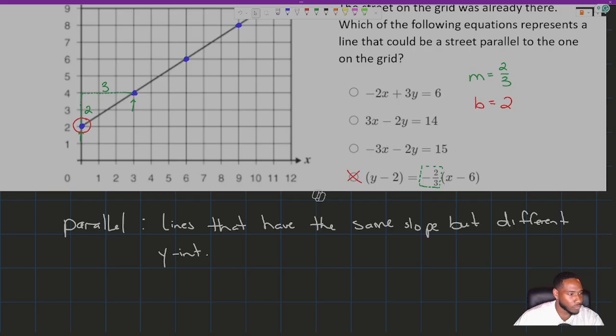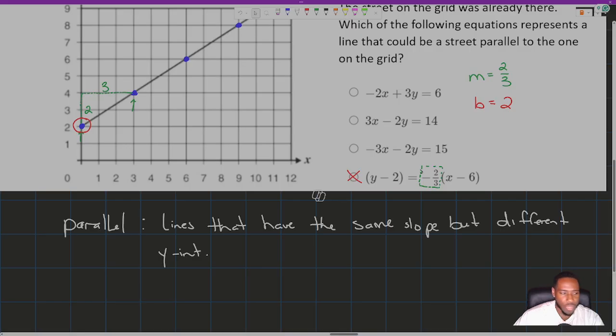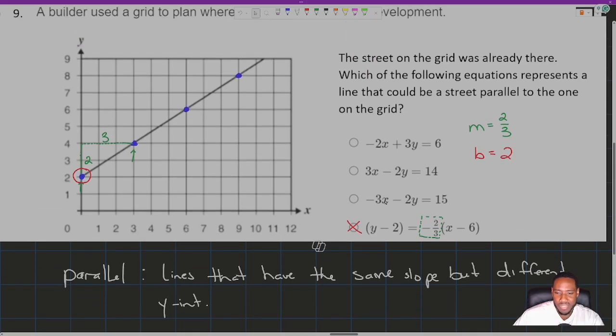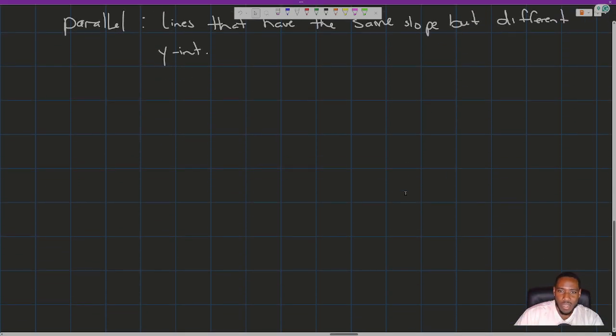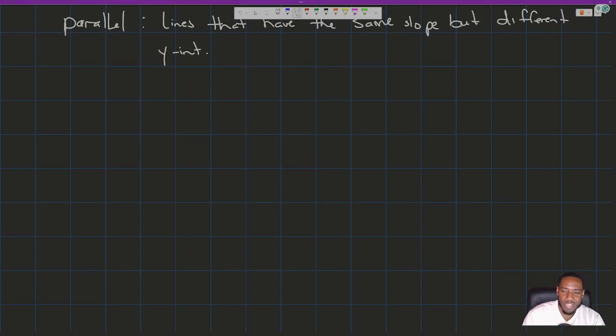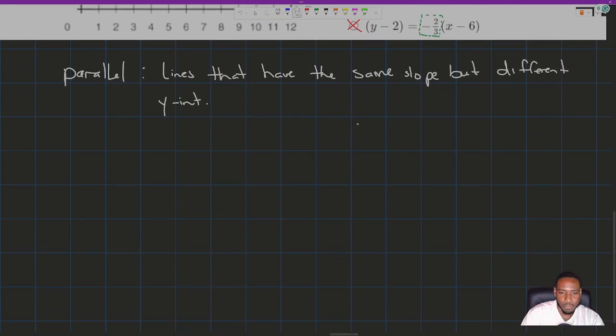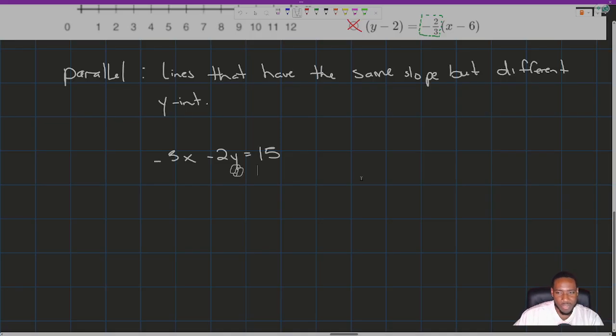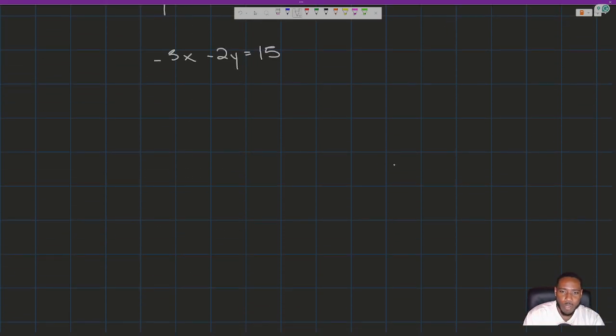If we are looking at this next one down here, it says negative 3x minus 2y equals 15. Let's put that into its slope-intercept form to see if we can find its slope. Now, we've practiced with it a few times. If we want to solve for y to get this into its slope-intercept form, all we got to do is add the x term to both sides.